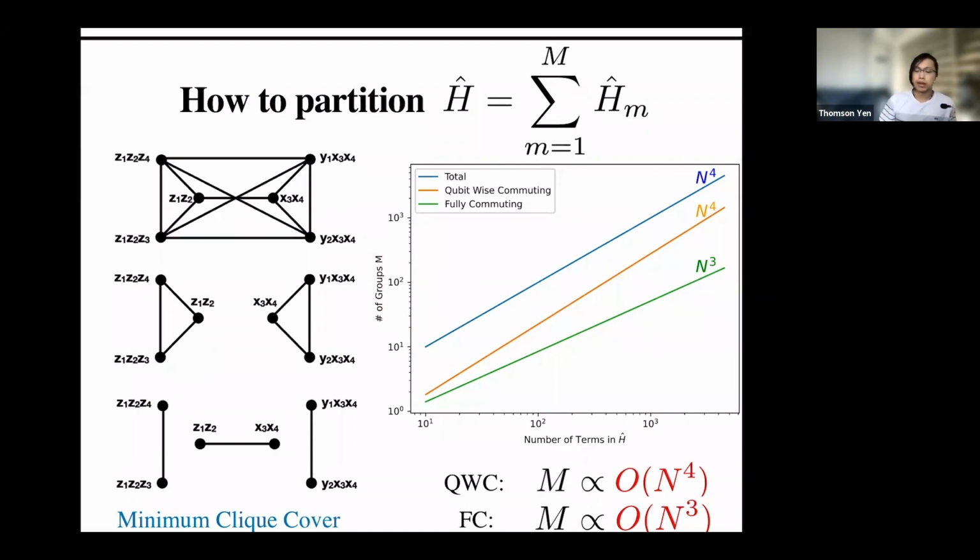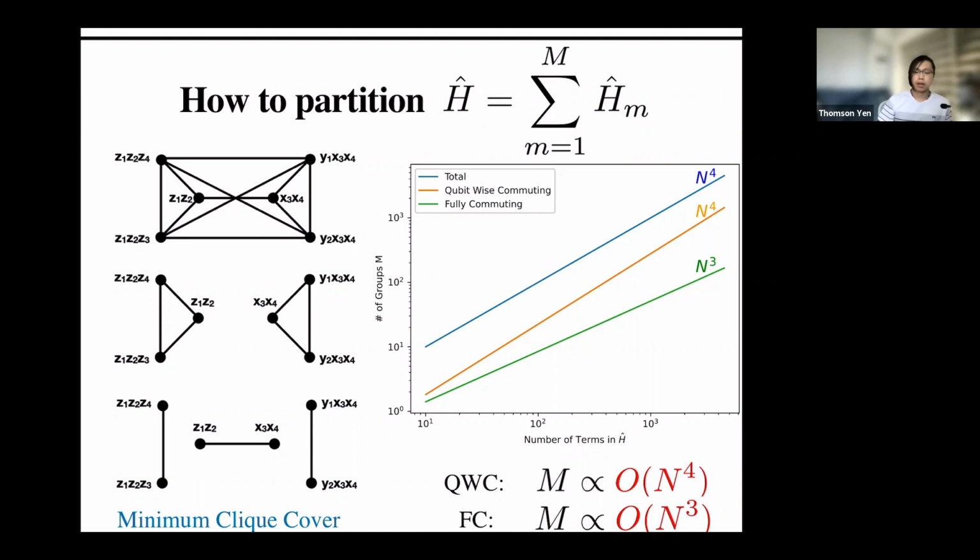So as I said before, the qubit-wise commuting terms method usually has like 2 or 3 Pauli words in the same group. So that offers like a constant speed up over the most naive one, and it doesn't change the scaling. So both of them scale with n to the 4 in terms of number of groups.